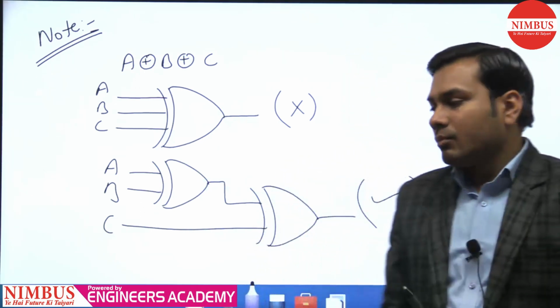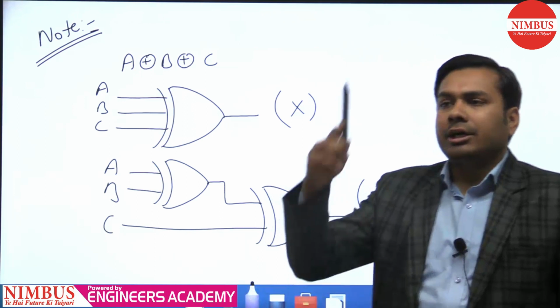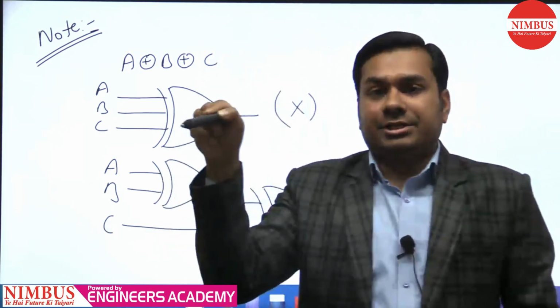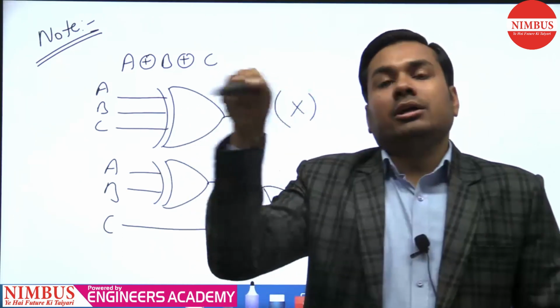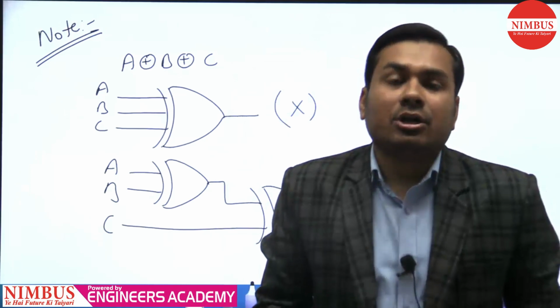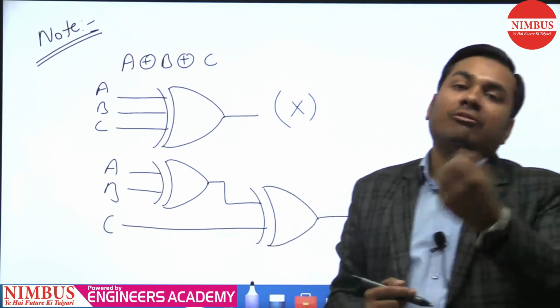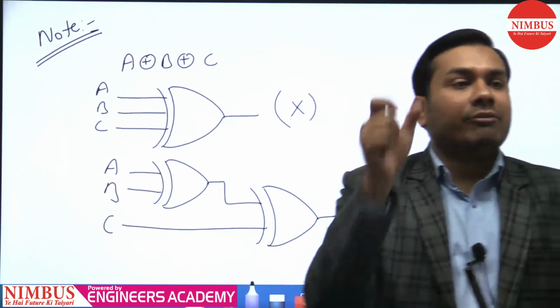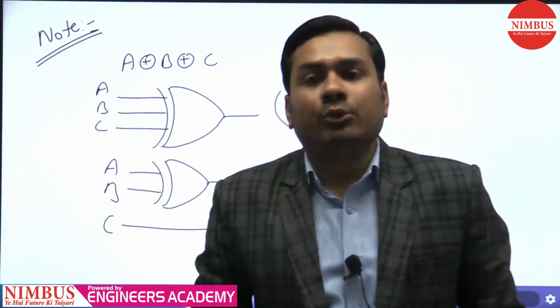That's why in the starting we mentioned XOR and XNOR as comparison gates, and for the comparison we require two inputs only, right?